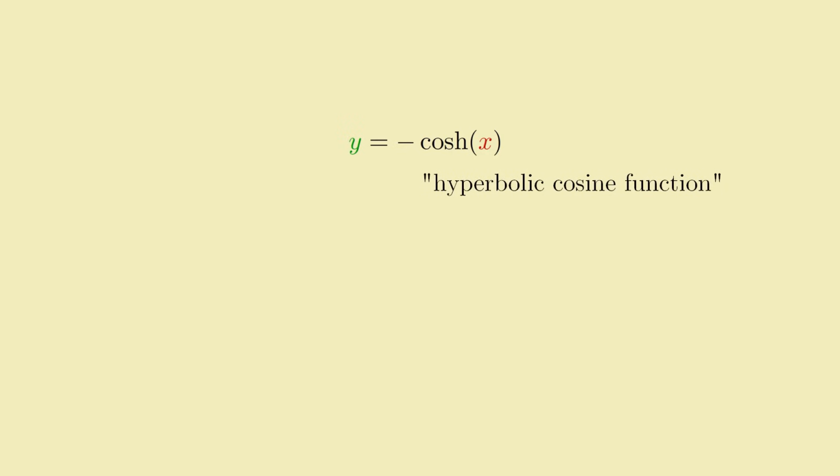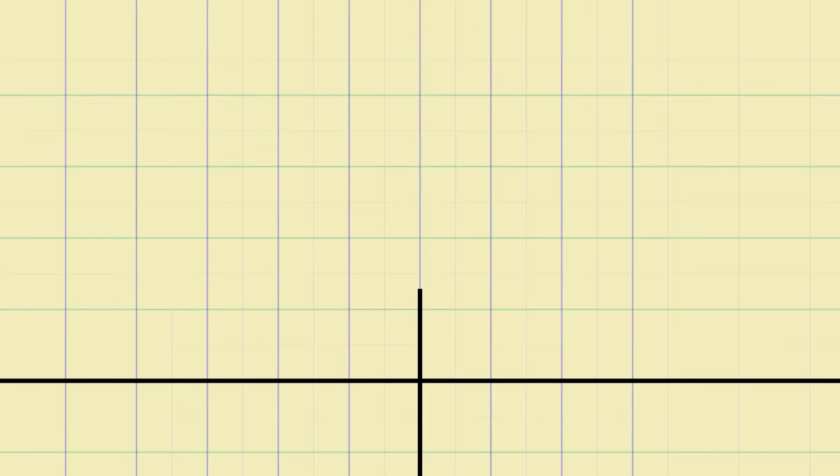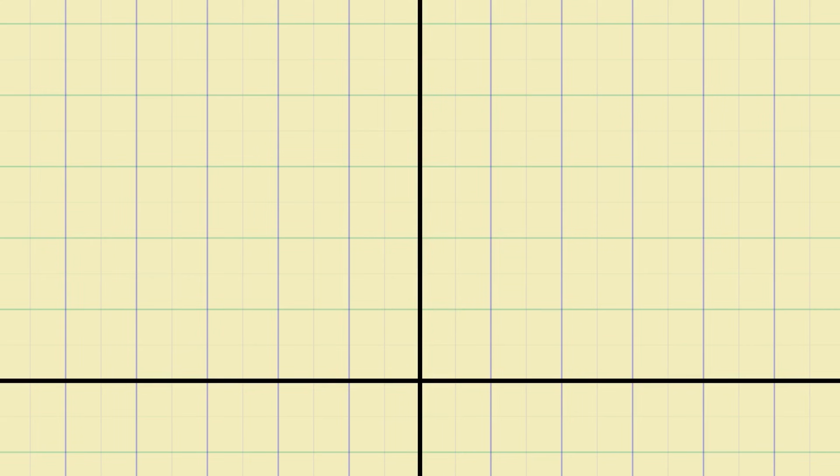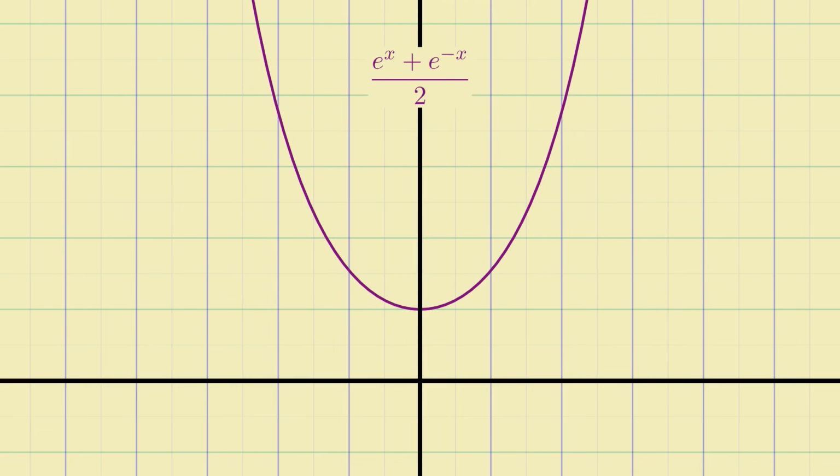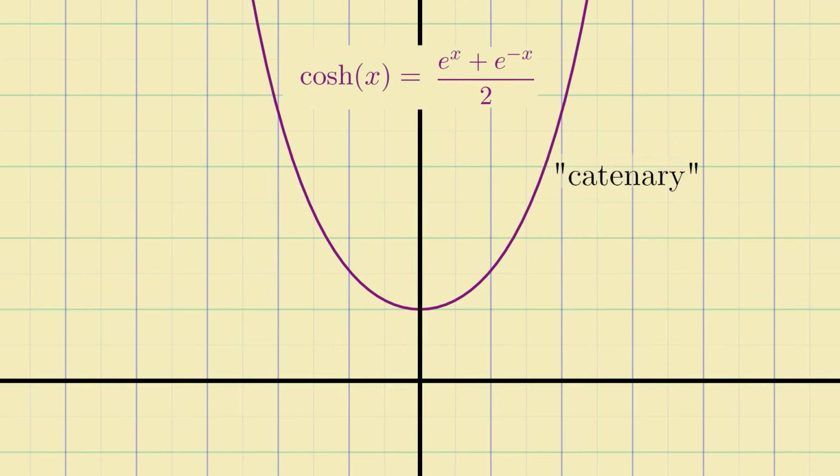This is a function you might not have heard of before, but it actually has a pretty simple algebraic definition. It's the mean value of e to the x and e to the negative x. That is, it's the average of the standard exponential growth and decay functions, and its graph is a curve known as a catenary. You might not have heard of a catenary curve before either, but you've almost certainly seen one before.